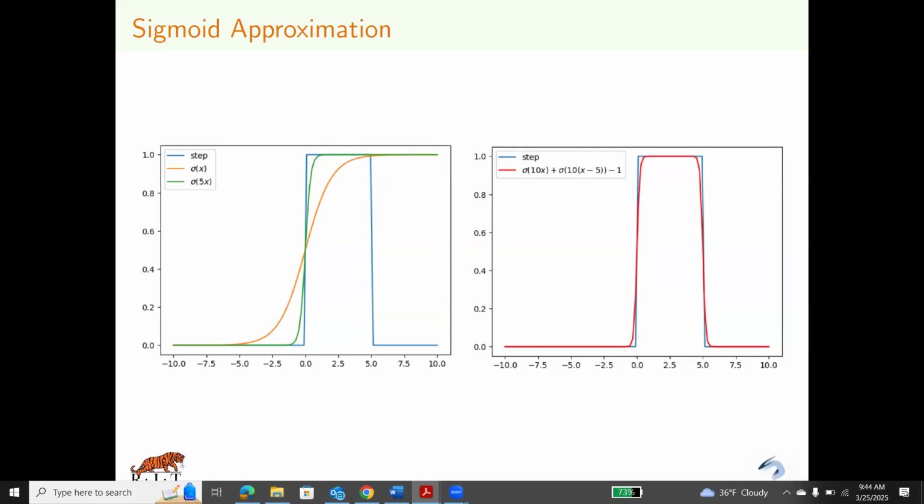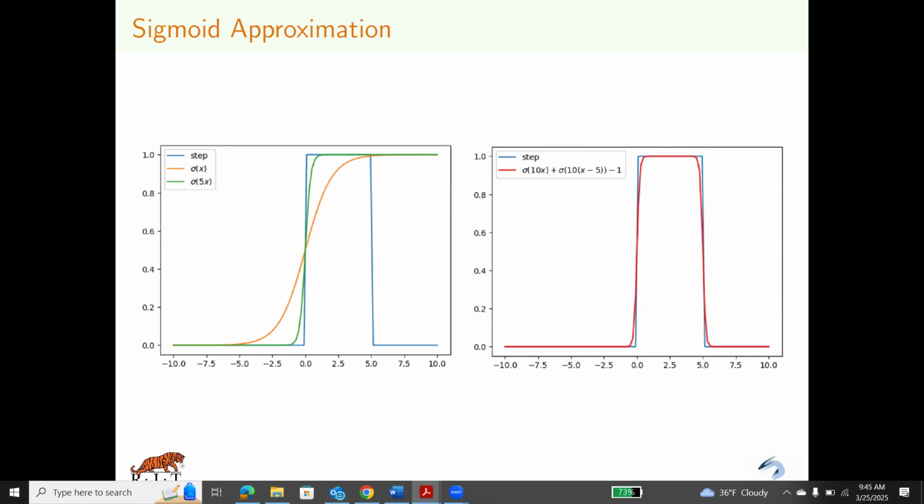Step function is just the function that goes from 0 to 1, but this partially constant function also looks like a step. And in math, you know that every function, integrable function, can be approximated by these step functions and indicator functions. So if we can approximate this function with sigmoid functions, then we can approximate arbitrary integrable function with sigmoid functions.